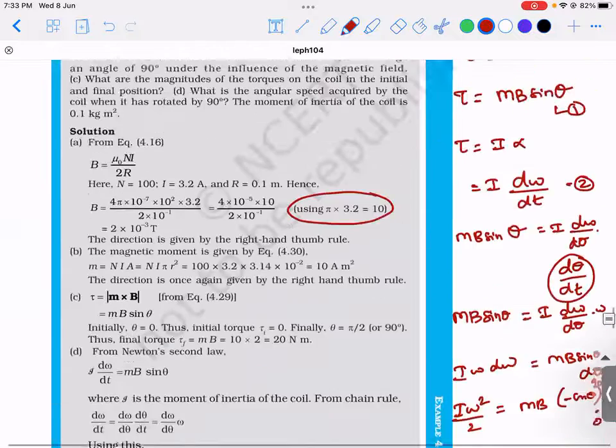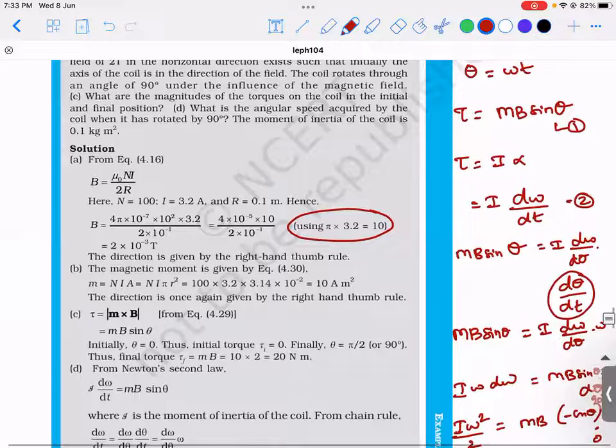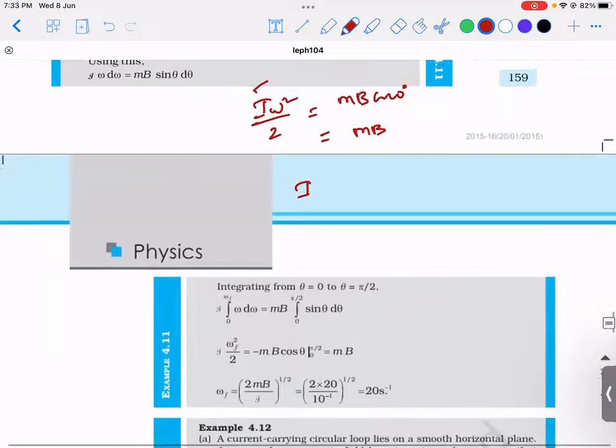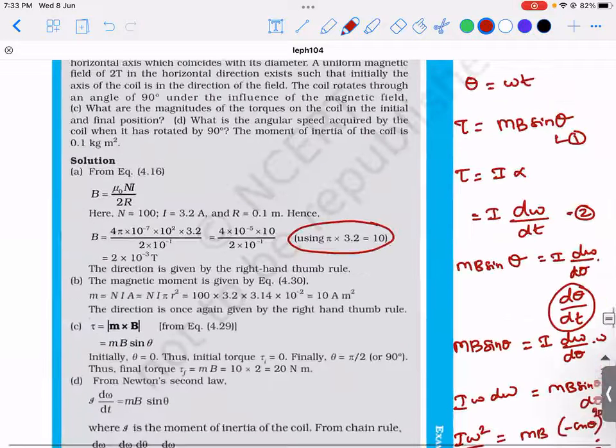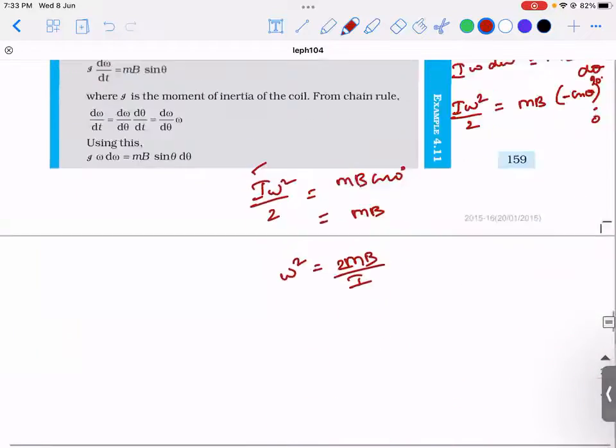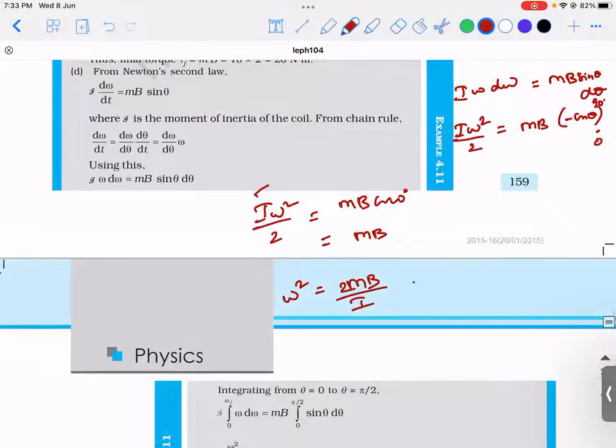What did they ask? What is the angular speed, right? So omega final is what they're asking. So omega square I can write it as 2mB divided by I. Moment of inertia they have given as 0.1 kilogram meter square.